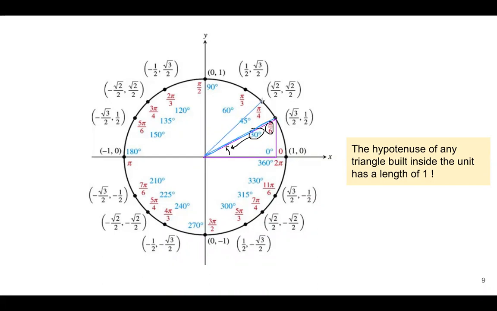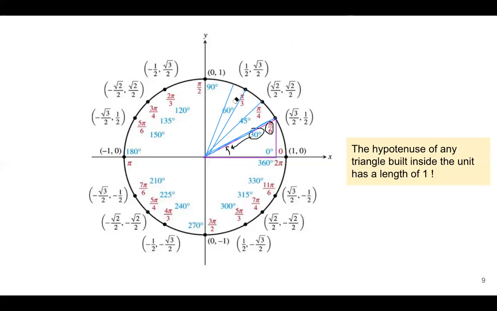From here to here, that's also 1. Here to here, all around the circle, right? Anywhere from the center to the radius, all of these line segments have length 1, because this is a unit circle. It has a radius of length 1. So that means the hypotenuses of all of my right triangles are going to be length 1. That's going to be nice because it's going to make our calculations easier.